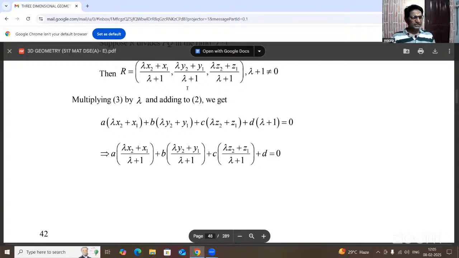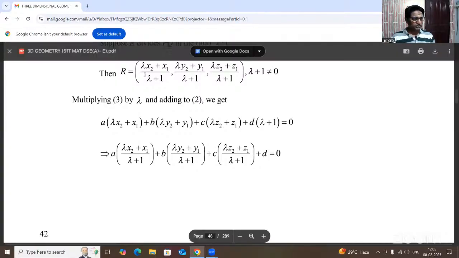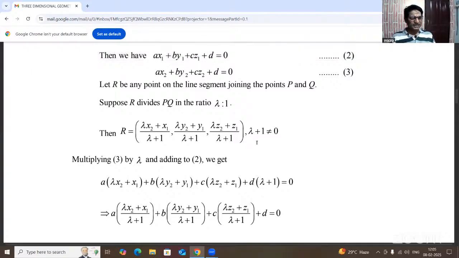Now, cross multiplying that denominator, we get 0. So replacing, a of (lambda x2 plus x1) plus b of (lambda y2 plus y1) plus c of (lambda z2 plus z1) plus d, where d is a constant. That constant is also multiplied, because lambda plus 1 is in the denominator.